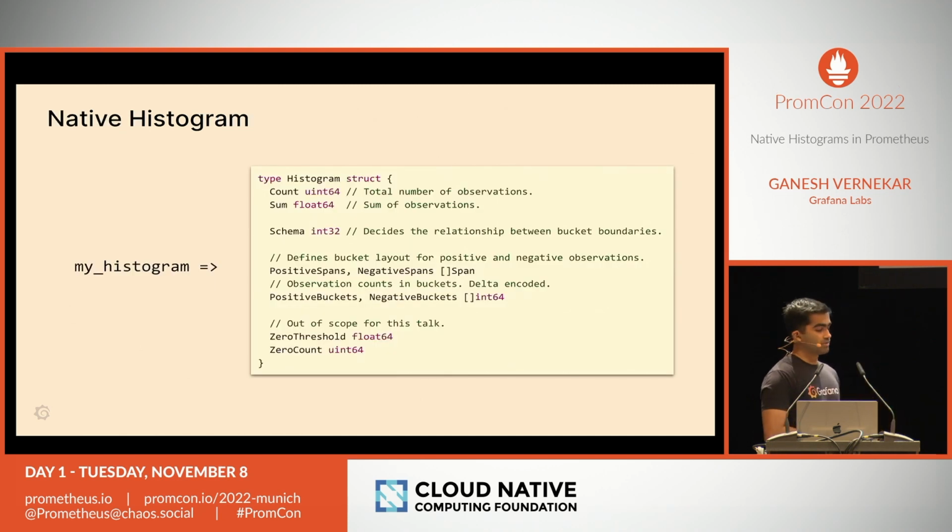But this is how native histograms will be stored. It's a single data structure with everything that has to do with histograms. I will show an example of what a native histogram looks like, but to go over these very briefly, the histogram has count and sum like before. It has a schema which defines what the bucket boundaries will be.